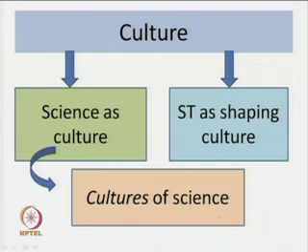Now, again, as I said, by the cultures of science we do not mean scientific culture, only scientific spirit. What we also mean, as we understand culture in cultural studies, is culture as a way of life, and the encoding of codes in science.